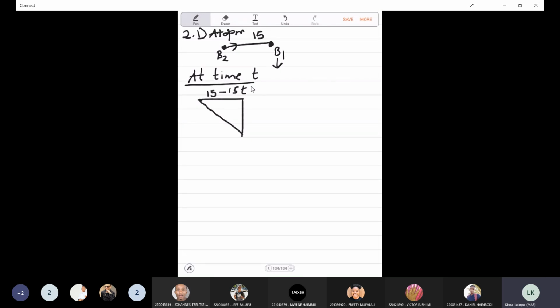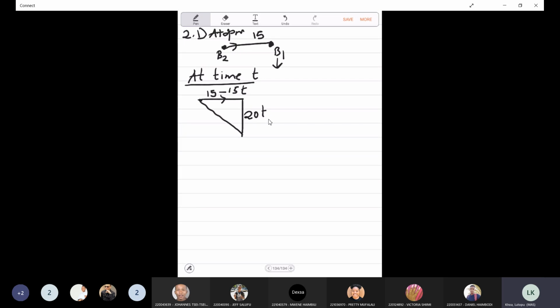So you convert your 10 minutes to hours, and then you say 15 kilometers per hour times 10 minutes in hours. That will give you how far away it is from the dock. And then the first boat, the one that's mentioned first, which is going due south, its distance is just 20t, because we know that speed is distance times time.